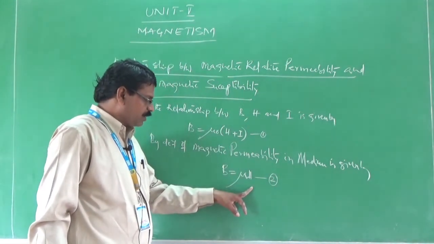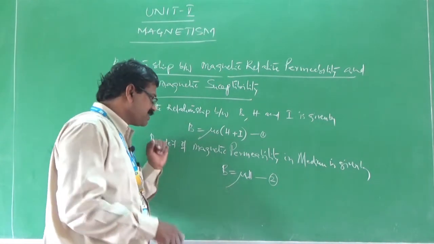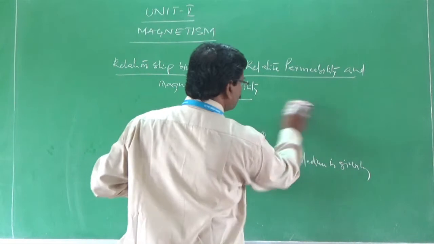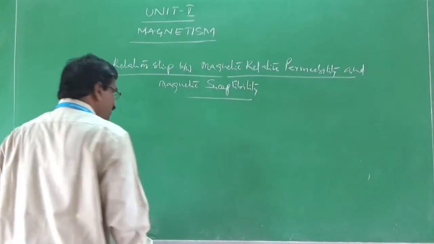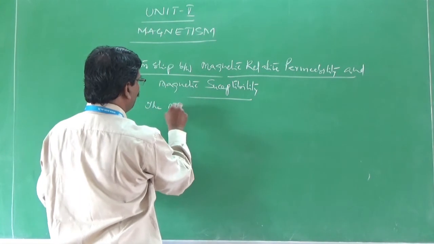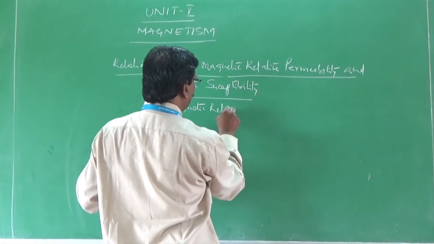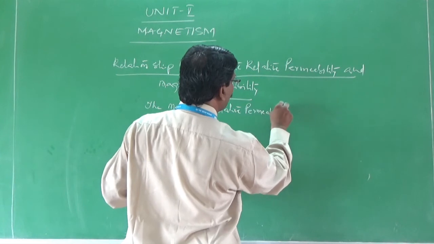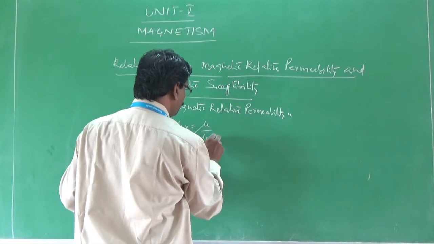B is equal to mu H. Now, I would like to write the definition of magnetic relative permeability: mu r is equal to mu by mu naught.